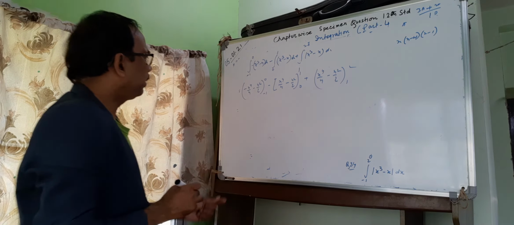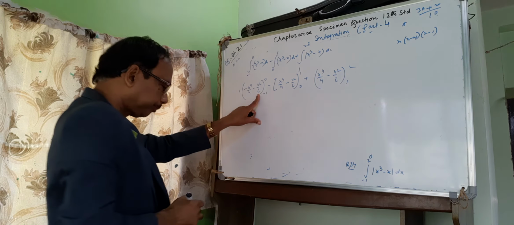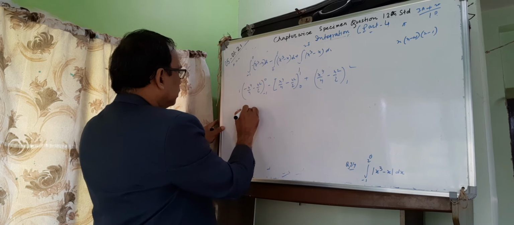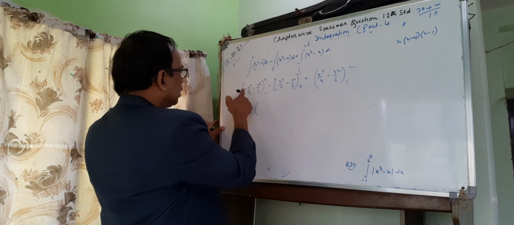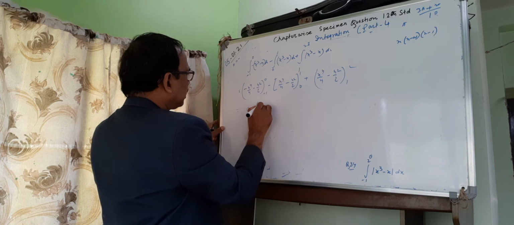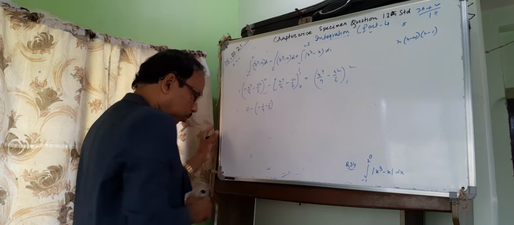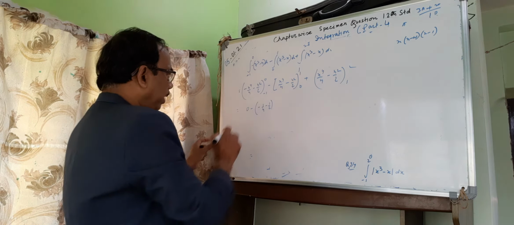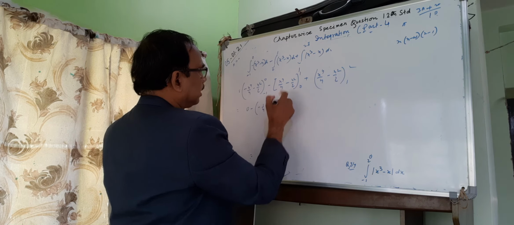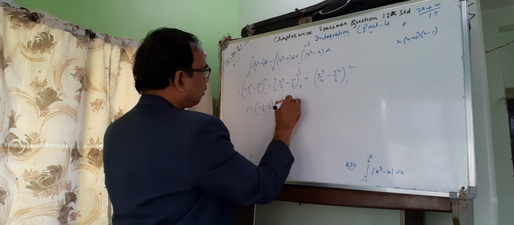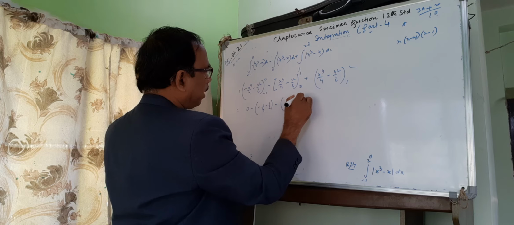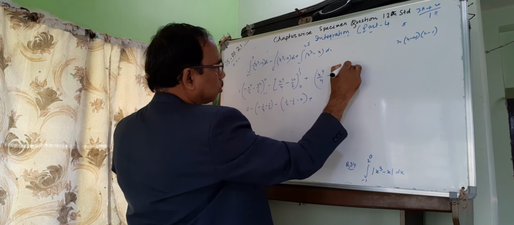Now taking the upper limit, this whole thing is 0. 0 minus, taking minus 1, that is minus 1 by 4 minus 1 by 2. Minus 1 by 4 minus 1 by 2, minus. It is 1 by 4 minus half minus 0, 0 to 2.